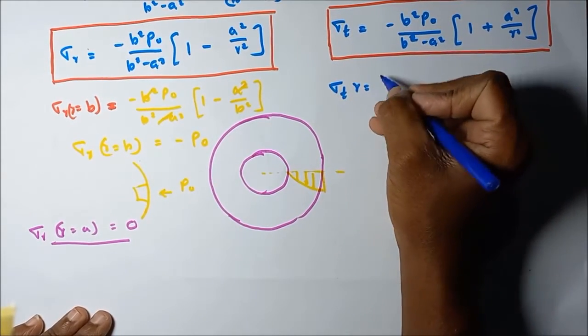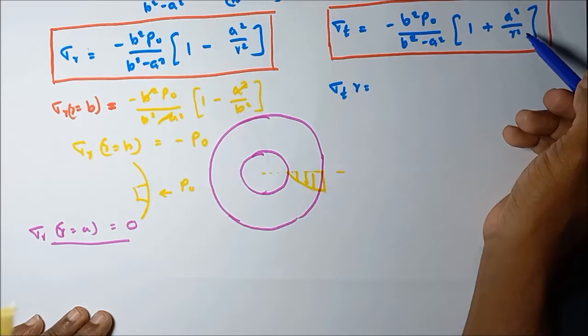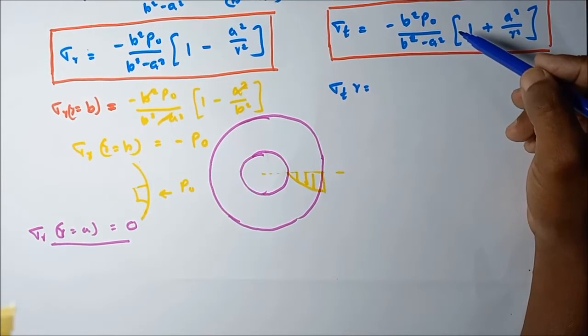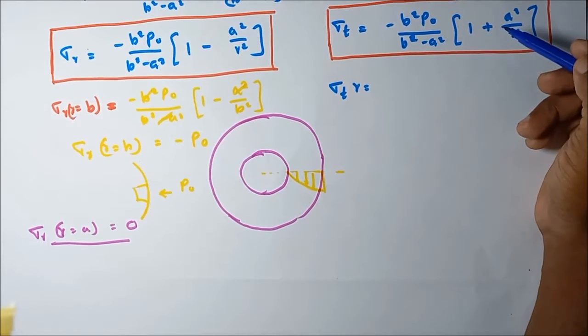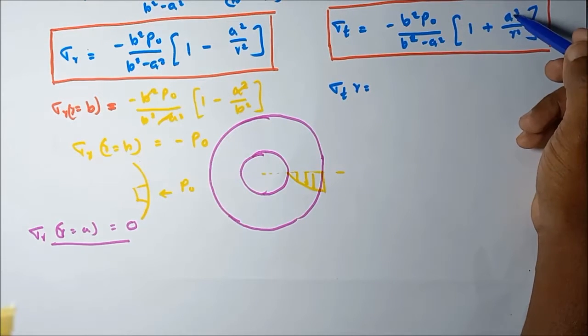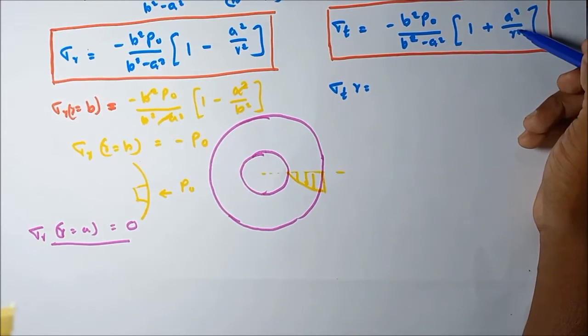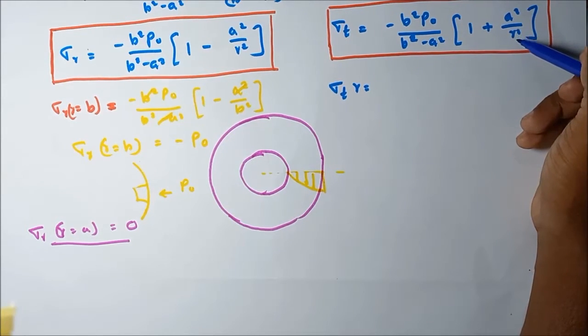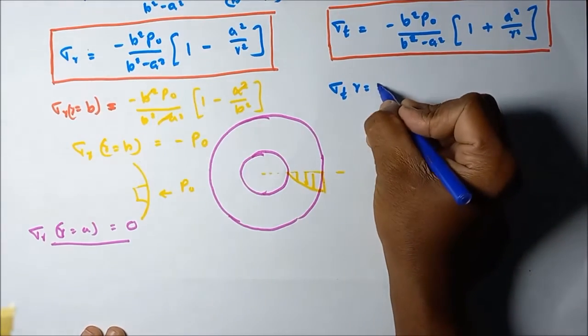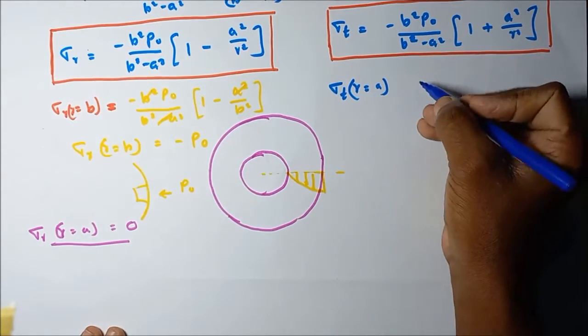This ratio is also negative, always negative, but its magnitude is maximum when this ratio becomes maximum. The ratio becomes maximum with the minimum value for r, that means at the internal surface. At the internal surface, this sigma t is maximum.